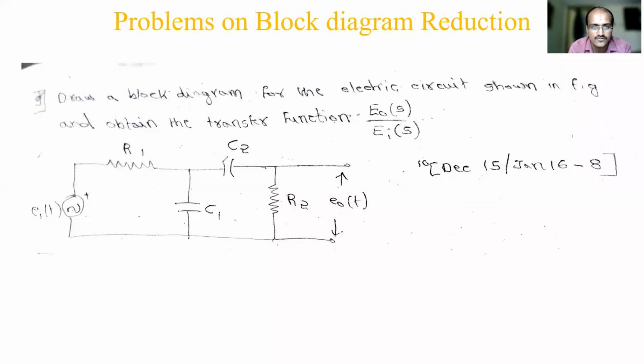Here L is not there, only C is there. So R will not change: R1 becomes R1 only, R2 becomes R2 only. Ei of t becomes Ei of S, and E naught of t becomes E naught of S. C1 becomes 1 by C1S, and C2 becomes 1 by C2S. That is the only change in the Laplace network. So that is the first step we'll do.